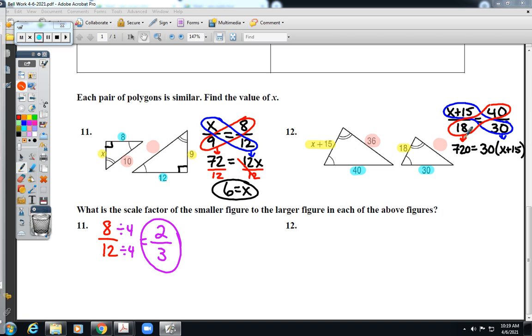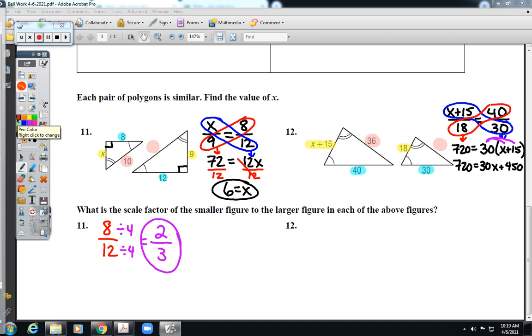Then we solve. What do we do to solve that? Distribute. 30 times x, 30 times 15, which gives us 720 equals 30x plus 450. Then what?